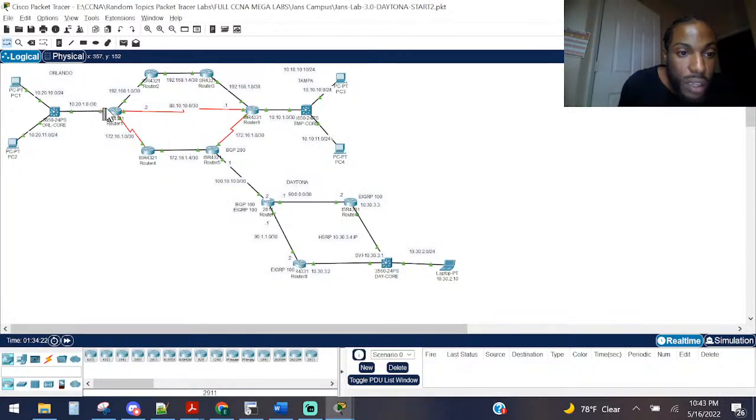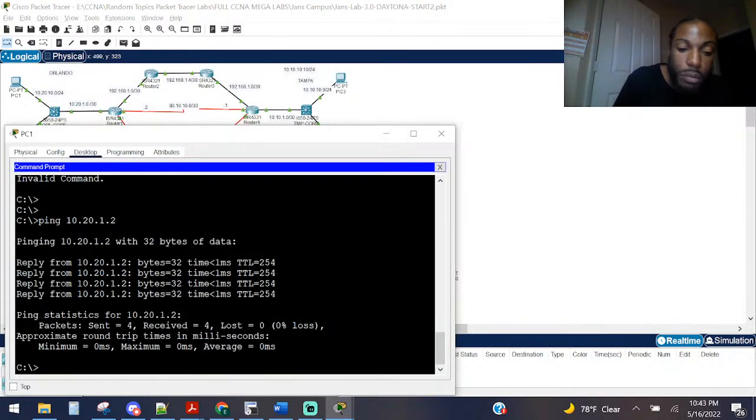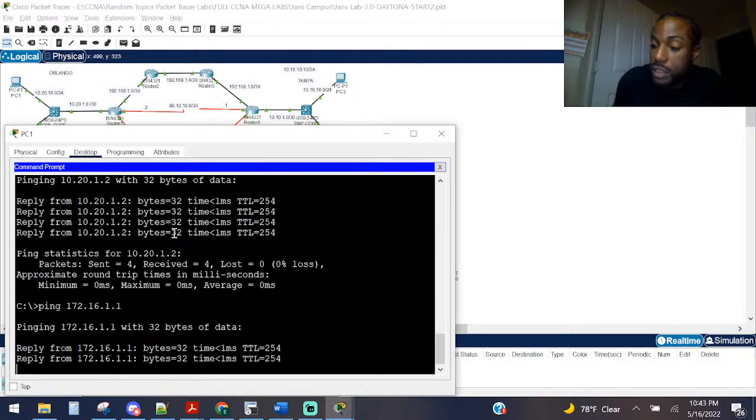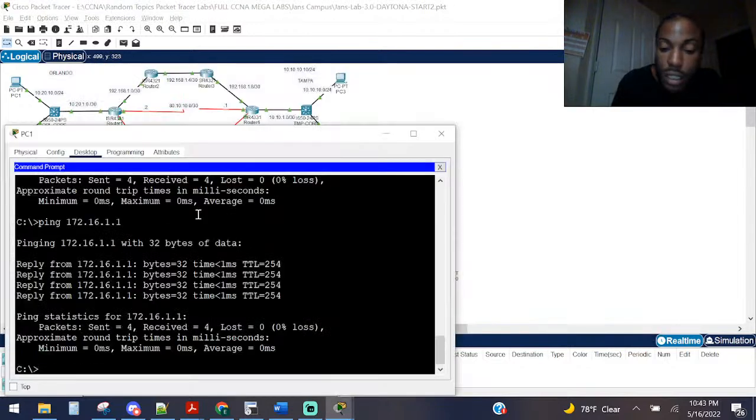Now let's try to ping 172.16.1.1. I can ping that. That's good. Let's do 1.2 and then 1.